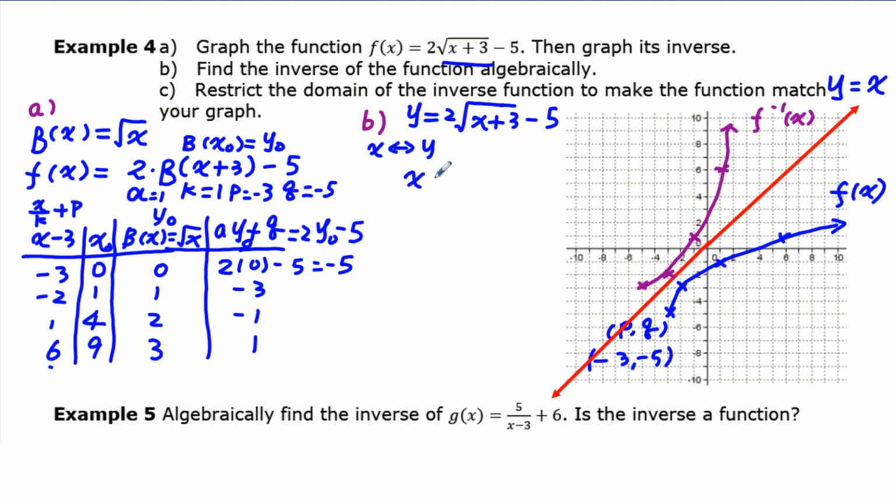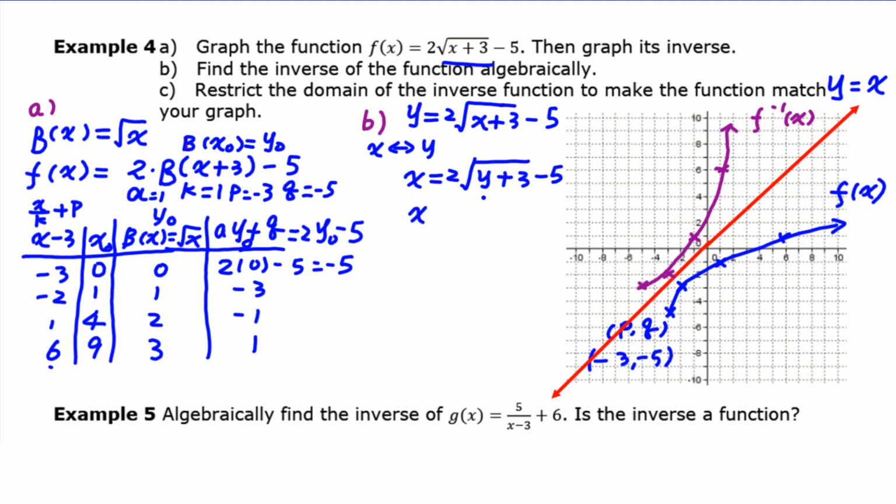So we have x equals 2 square root of y plus 3, minus 5. Then we are going to solve for y. Move the number to the other side, do the adding and subtracting first.